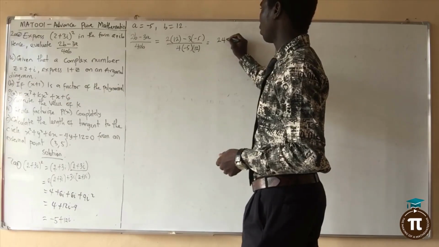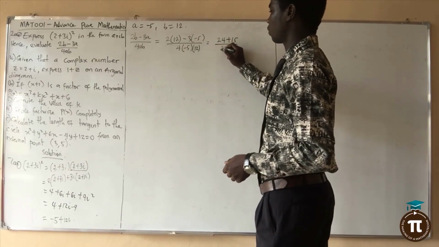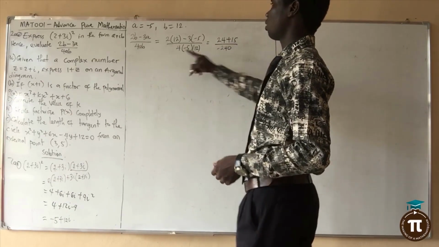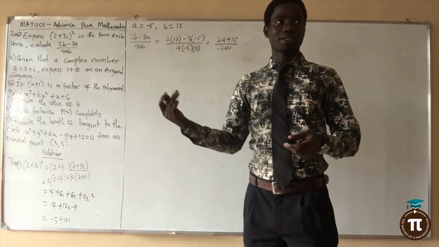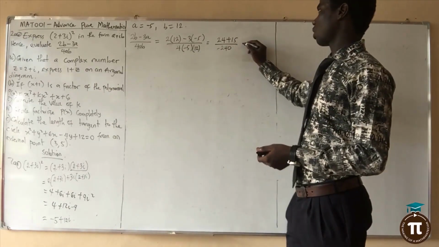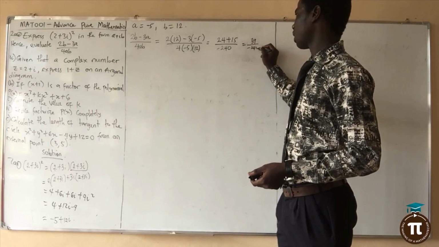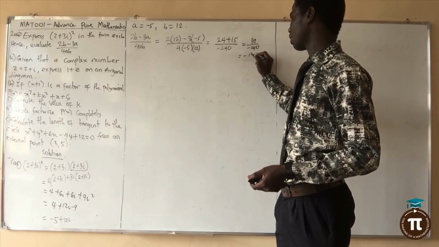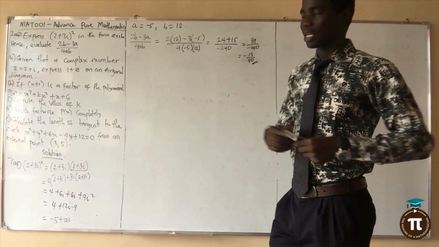That is 24 plus 15 divided by minus 240. 4 times 5 will give me 20, 20 times 12 will give me 240, then the minus there is still there. So this will give me 39 divided by minus 240. By the time you divide by 3, this is minus 13 over 80. So that is the answer to that question.